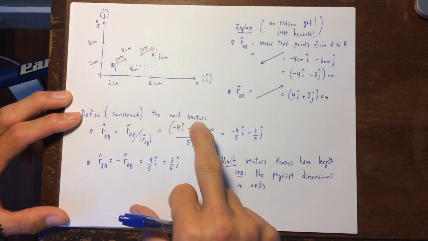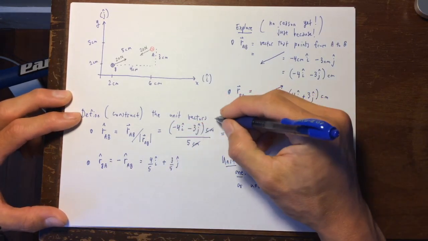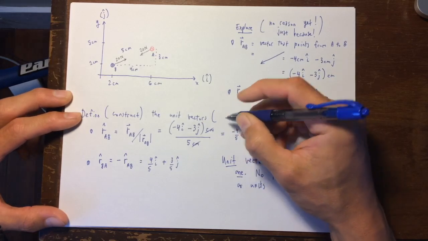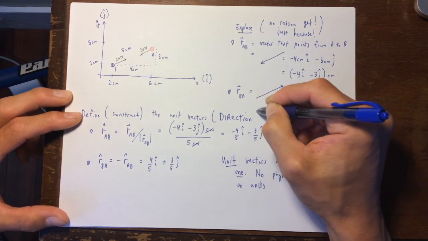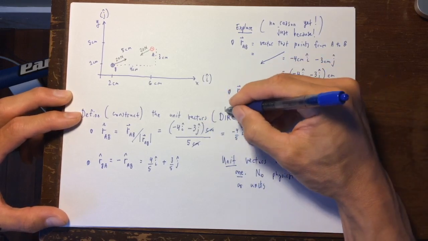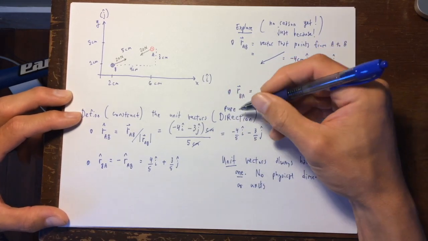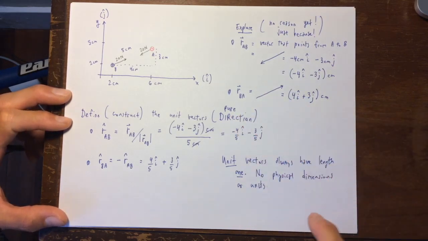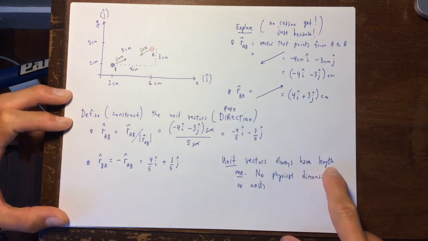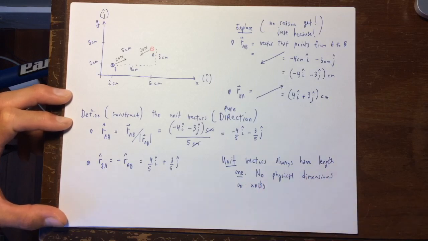They don't have length that's interesting, only direction. Sometimes a unit vector is referred to as pure direction because you are guaranteed that there is no length information, because every unit vector has length 1.